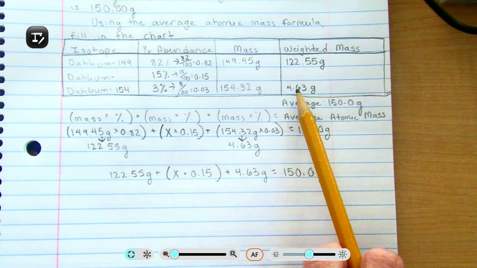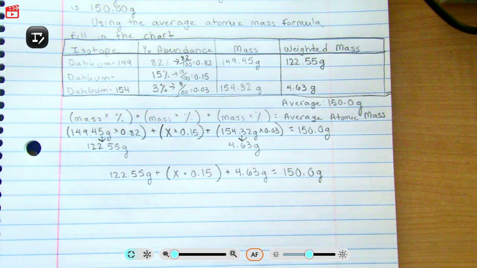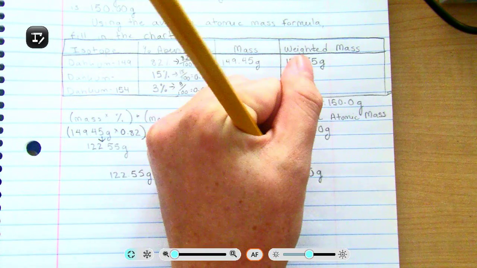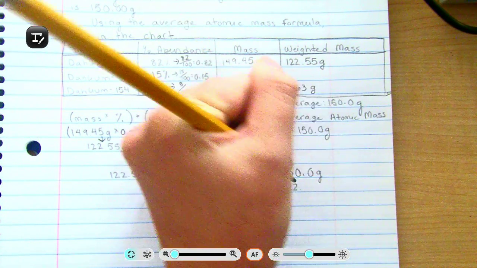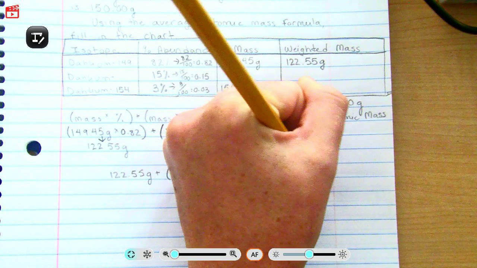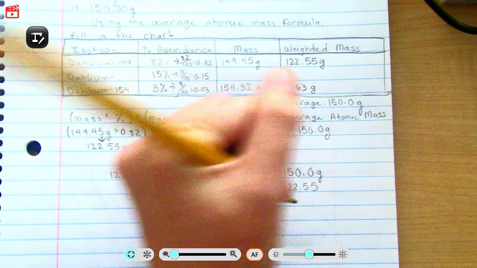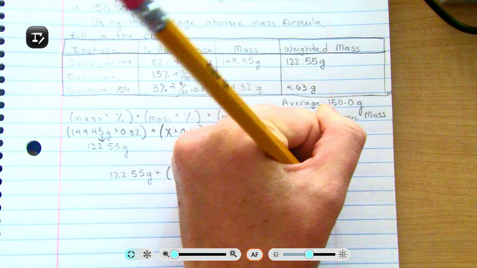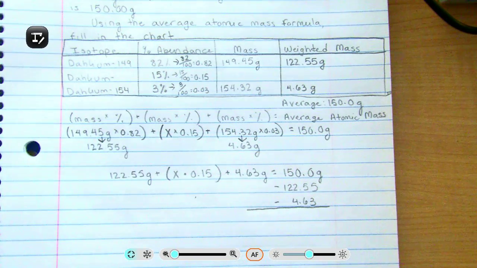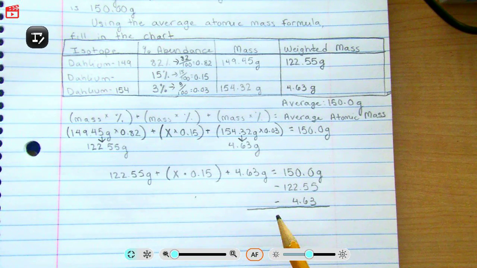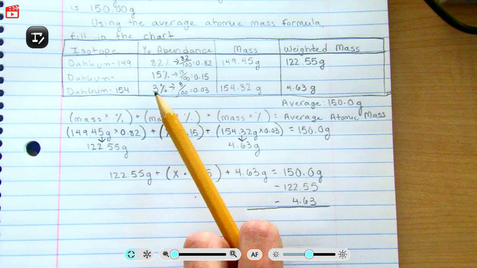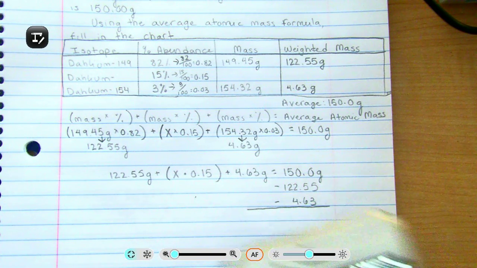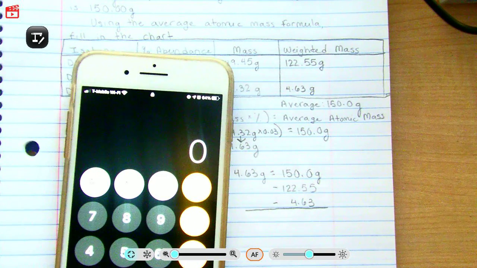We know 4.63 grams of this average comes from dolium-154. So you're going to do 150 minus 122.55 and then minus 4.63. And the number that we get is going to be our weighted mass of our unknown dolium. So we're just going to do that in the calculator, and I'm going to do it under here so you guys can follow along.